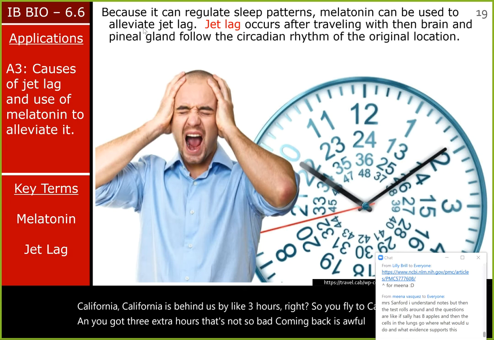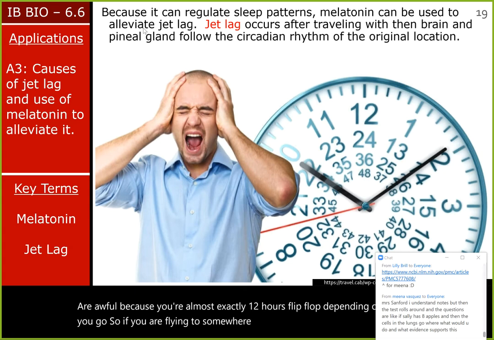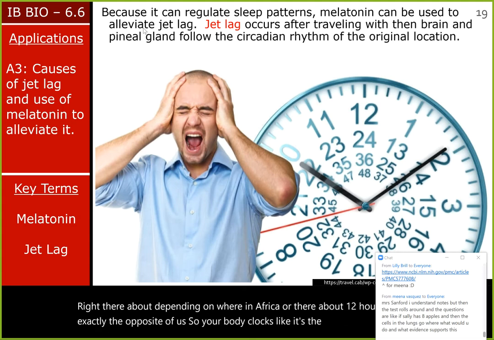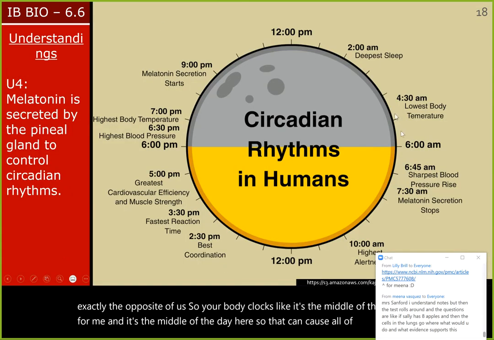Transatlantic flights are awful because you're almost exactly 12 hours flip-flopped, depending on where you go. If you are flying to somewhere in Africa, they're about 12 hours, exactly the opposite of us. So your body clock's like, it's the middle of the night for me, and it's the middle of the day here. That can cause all of these things to be off.